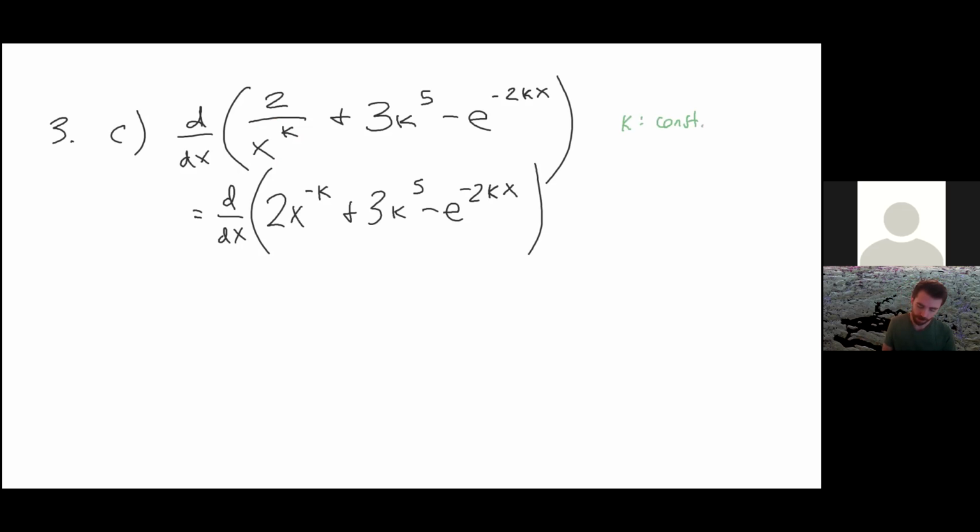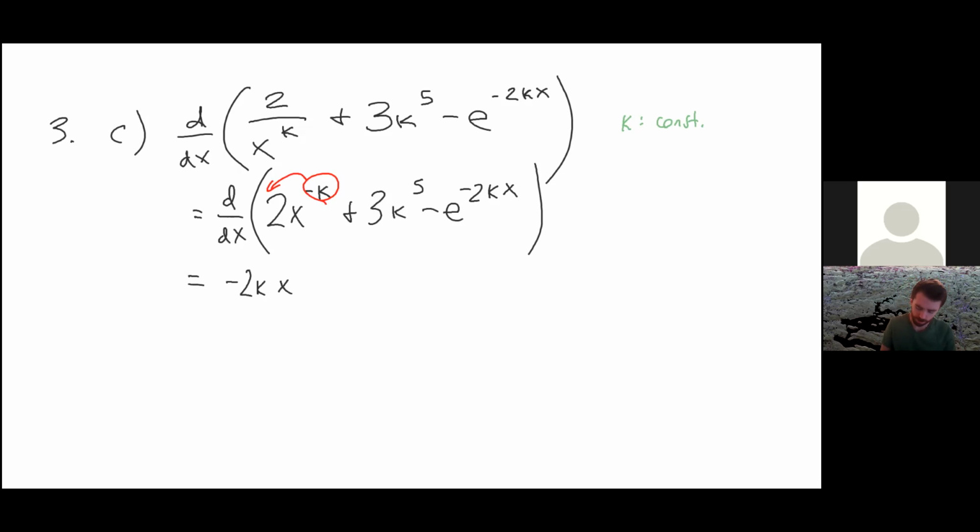Okay. So we'll take the derivative of each piece separately. This thing is x to a power, well, 2 times x to a power, but the power rule still applies. So I would bring this exponent down. So that would now be negative 2k x to the what? Okay, I would have to decrement my exponent by 1.